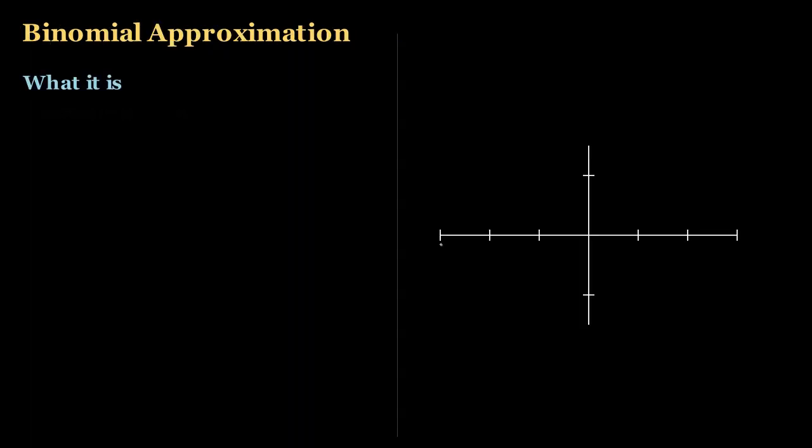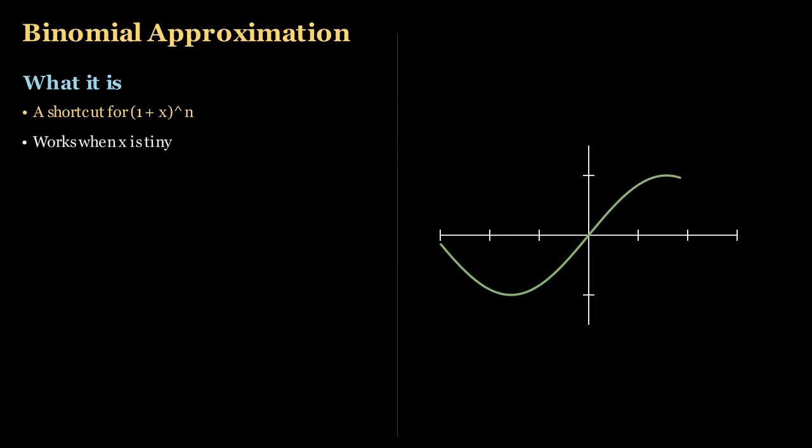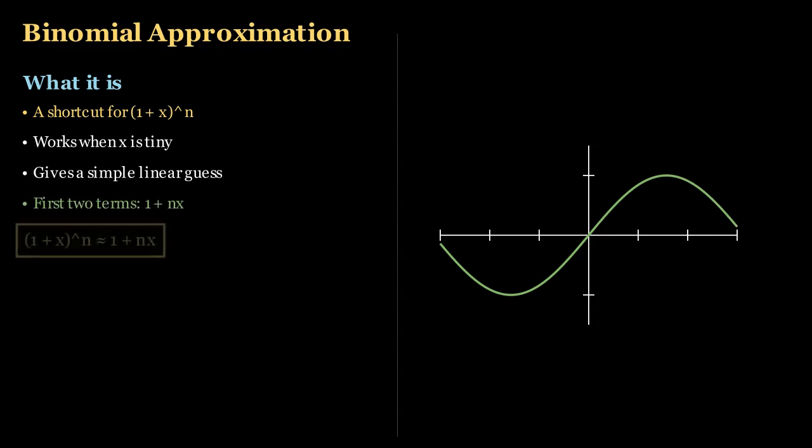You already know how to expand something like 1 plus x, all squared, into 1 plus 2x plus x squared. That is exact algebra. But what if the power is not a nice whole number? What if it is 1/2, or -2? Expanding fully would give an infinite series.